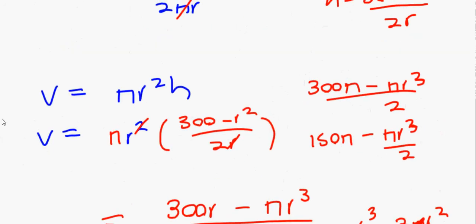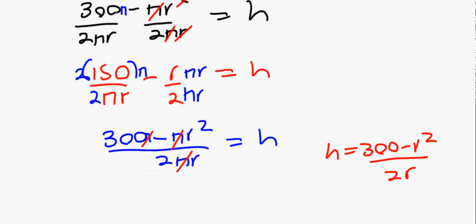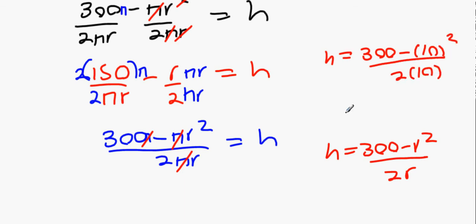Upon knowing that the radius is 10, we now need to figure out what the height is. So the height is going to be 300 minus the radius squared, which is 10 squared, all divided by 2 times 10. That's 300 minus 100, which is 200, divided by 20.